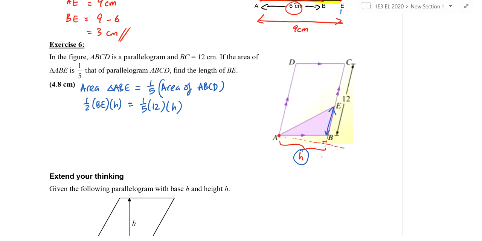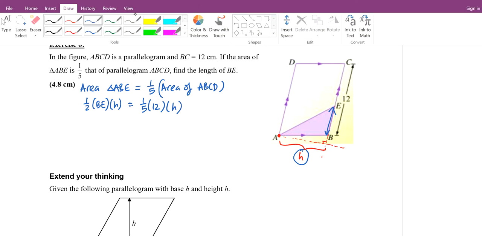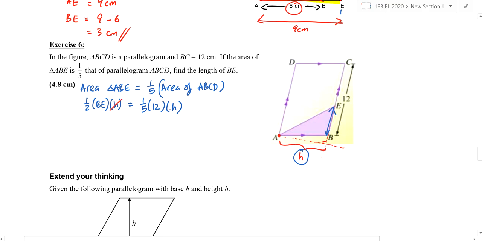So again, since both of them share the same height, we can divide both sides by h, and effectively they disappear, leaving us with half of BE equals 12 over 5. Therefore, BE must be 12 over 10. Sorry, 24 over 5, which is 4.8 centimeters.